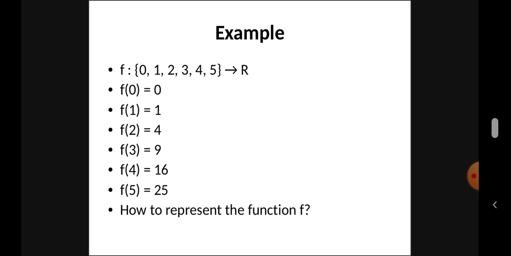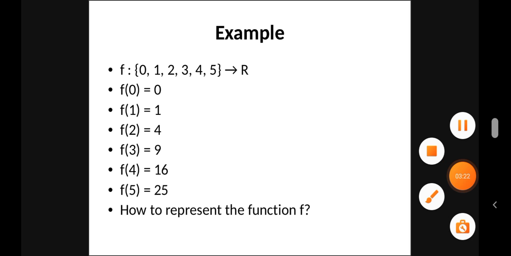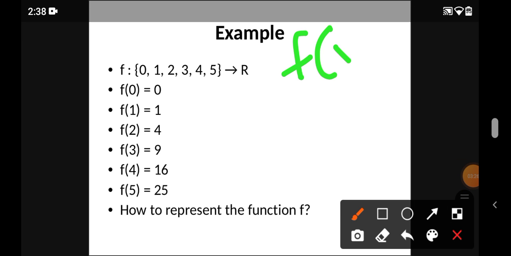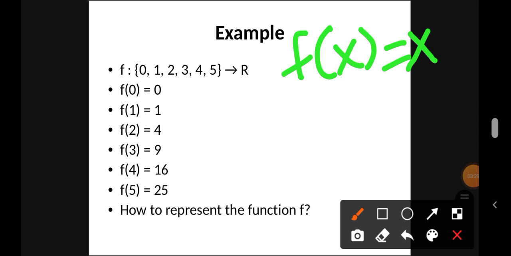Okay, then how to represent the function f here? We can represent it as f of x is equal to x square. Right, for every element in range we have elements, and that is the power of the element in the domain.